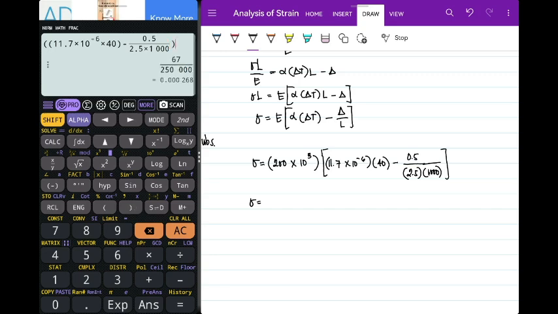However, if you have that kind of calculator, then there's nothing wrong with inputting everything all at once. So our final answer now is 53.6 Newton per mm squared, which is 53.6 megapascal.